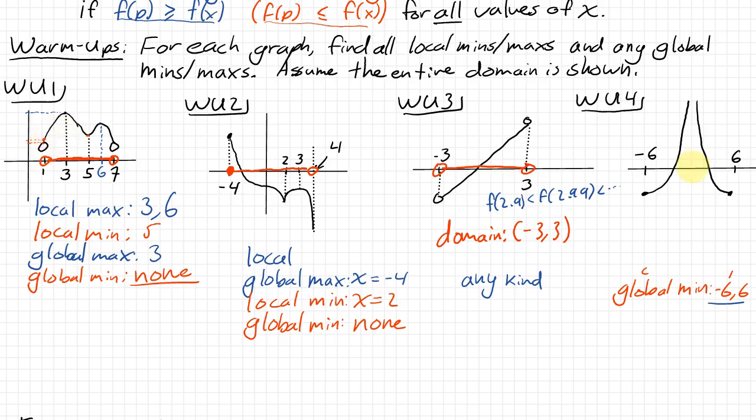This one has a domain that does not include where this asymptote is, but it does include -6 and 6. And at the places where it has an endpoint, it ends up having a minimum there. But the place where the domain doesn't include that, it makes it not have a maximum.